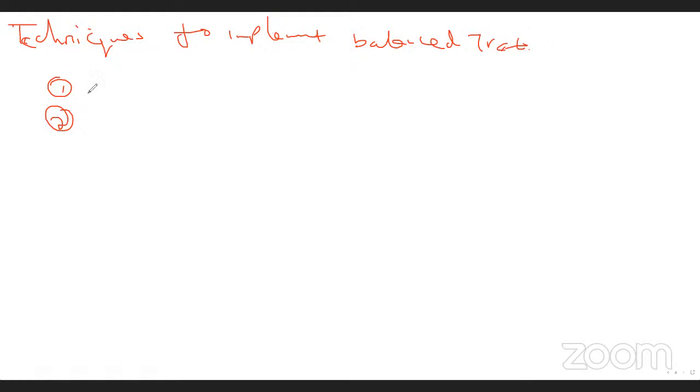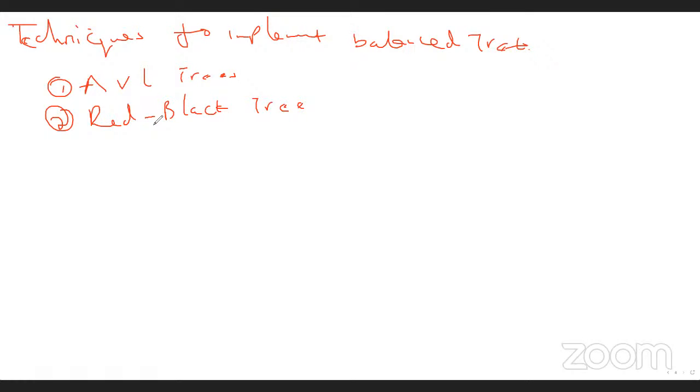Okay, so from the book, we possibly read AVL trees, and we possibly also saw red black trees. Have you seen these ones? AVL trees and red black trees? Okay, so if you have not read these, you need to go to the chapter that we have been reading for balanced trees.